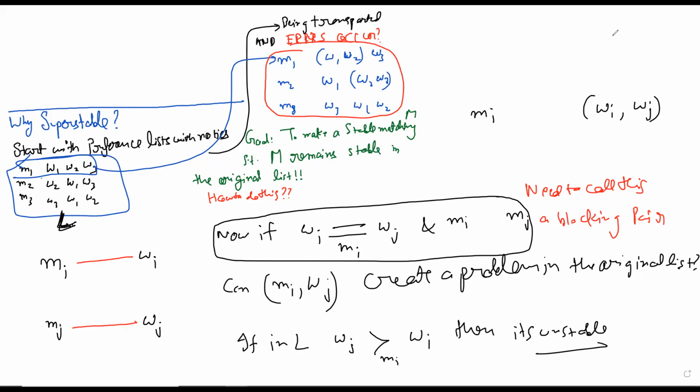So the point is that even if you're solely interested in preference lists with no ties, and you want to find a stable matching, but if you are transporting and there's some errors occurring, then even if you want a stable matching in the original list, you need to put these extra, maybe artificial looking conditions on stability, more restrictive conditions on stability, in the tied case.